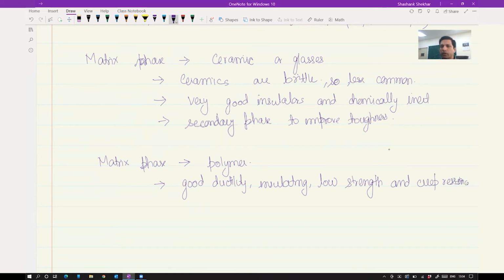So the purpose of reinforcement in such composites would be to improve these properties.